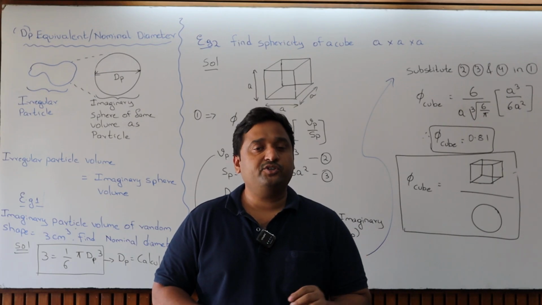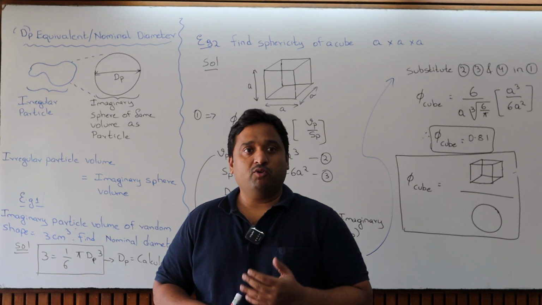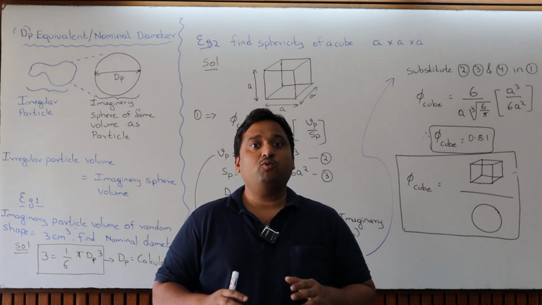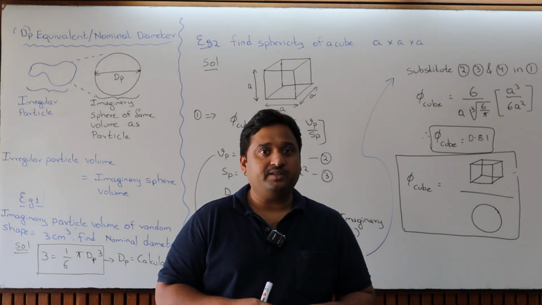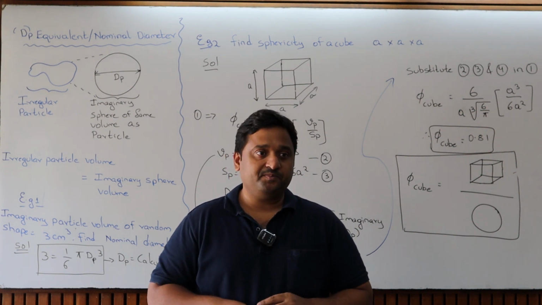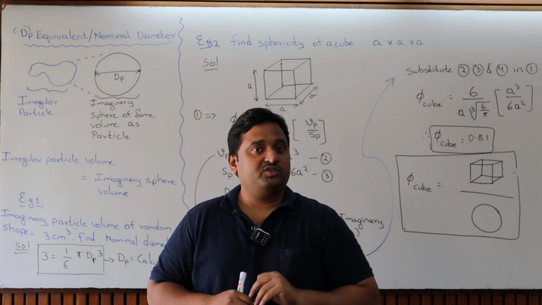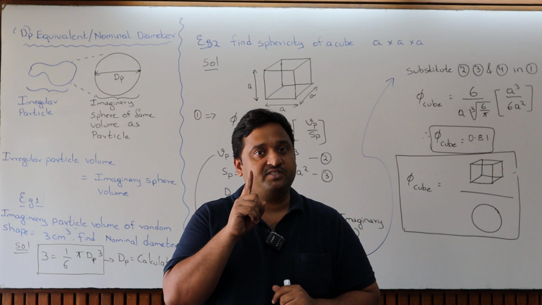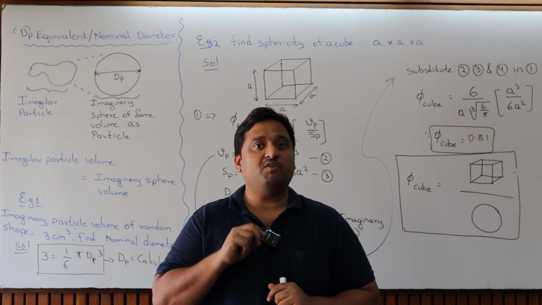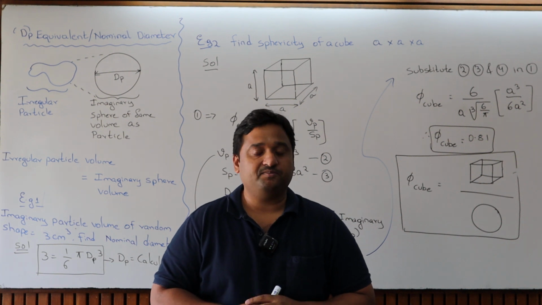Students, in continuation to the sphericity, we are going to solve one example of how to find the equivalent diameter, and from the equivalent diameter, how to get the sphericity. You require three things: one, the surface area of the particle; two, the volume of the particle; and three, the equivalent diameter of the particle.